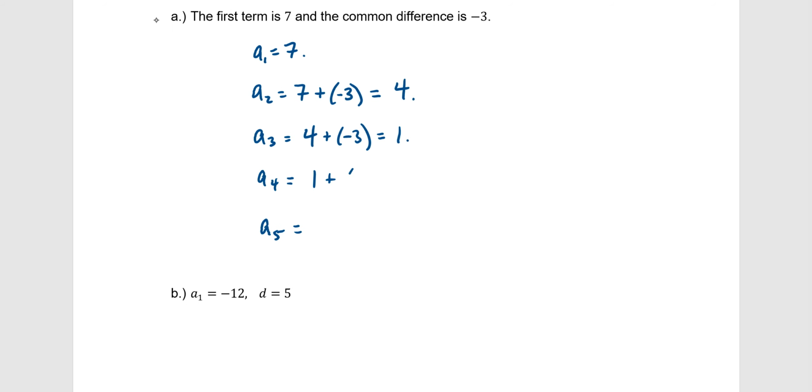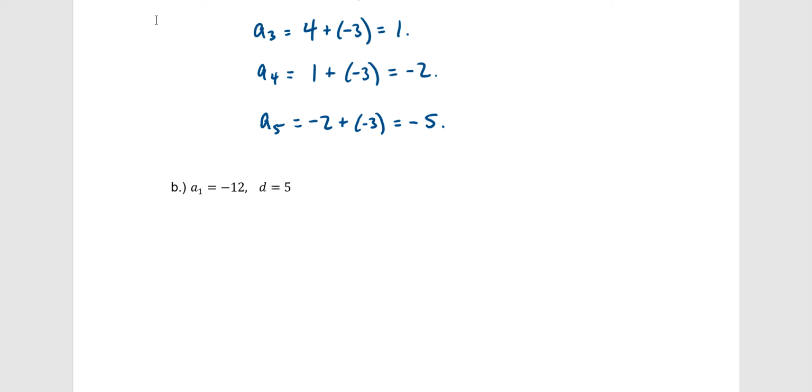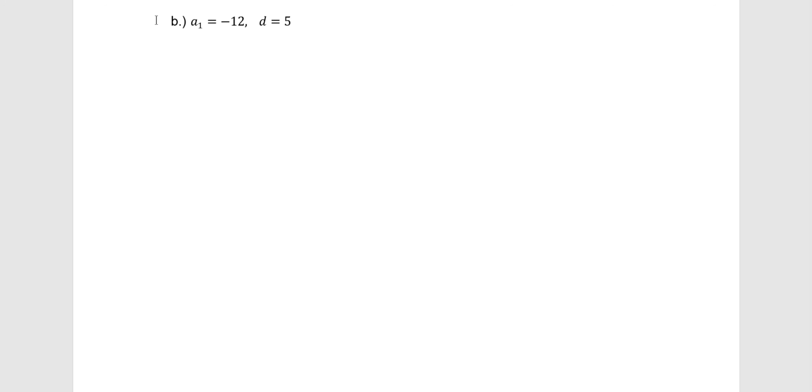And then we have 1 plus -3, which is -2, and -2 plus -3 gives us -5. So we're just continuously adding this common difference to get the next term. And let's see the next one. We're given a sub 1 is -12, and our common difference is 5.